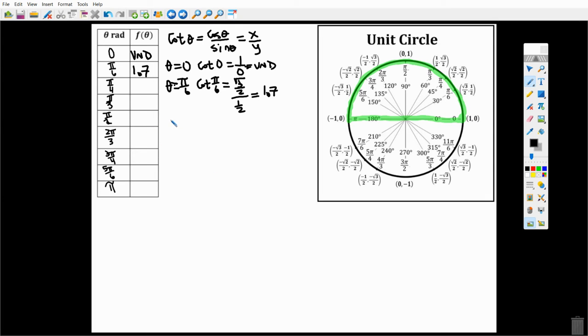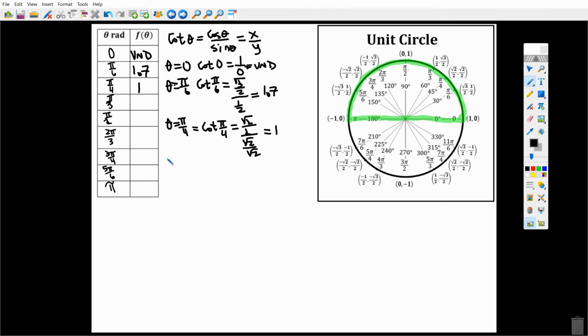All right, at theta equals pi over 4, we end up with cotangent of pi over 4, and that ends up being radical 2 over 2 over radical 2 over 2. That's just 1.